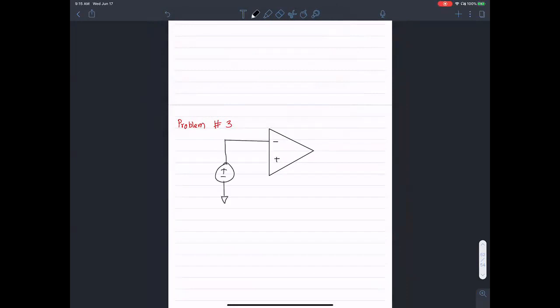Plus minus 2 volts. So this is a negative terminal. This is a positive terminal. So there is that VO, V output.